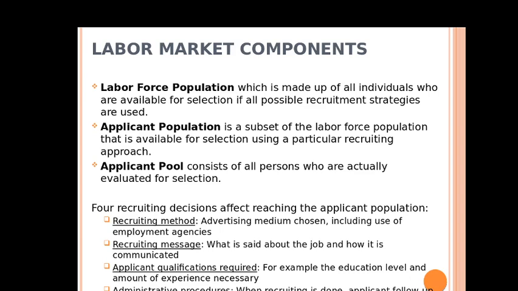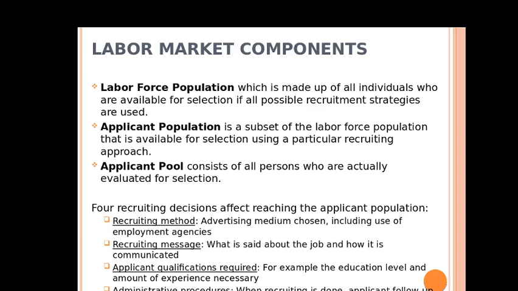There are four recruitment decisions that would affect reaching the applicant population. First is the recruitment method: you advertise, you choose the medium, and that includes the use of employment agencies. Then the recruiting message: what is said about the job and how it is communicated.